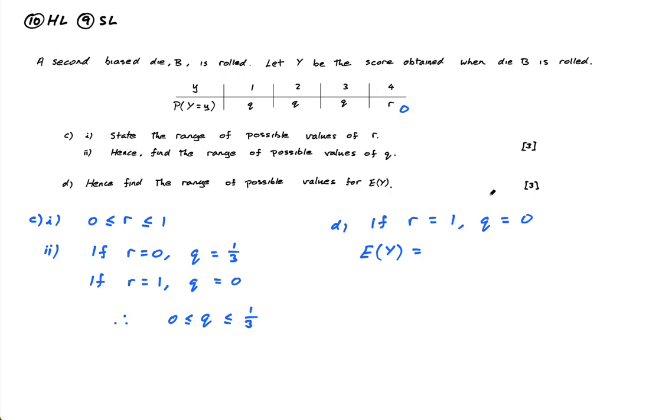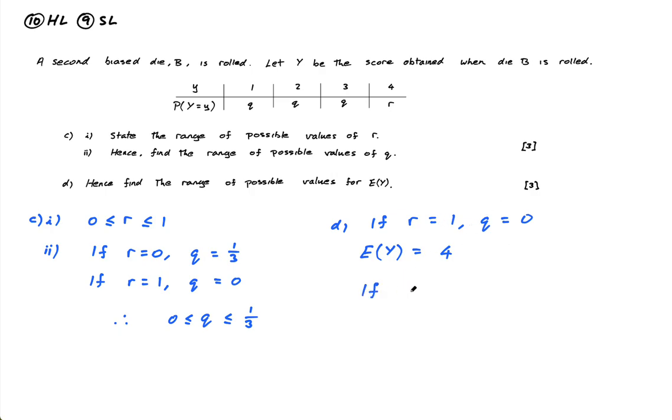If Q is 0, we have 0, 0, 0, 1, then the expected value of Y is 1 times 0 plus 2 times 0 plus 3 times 0 plus 4 times 1, which is just 4. So the expected value of Y is 4.